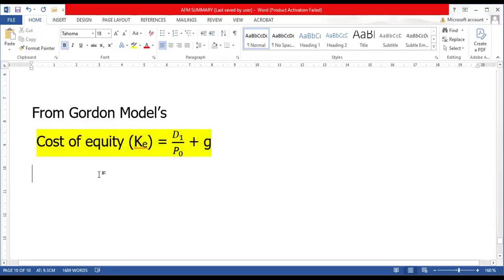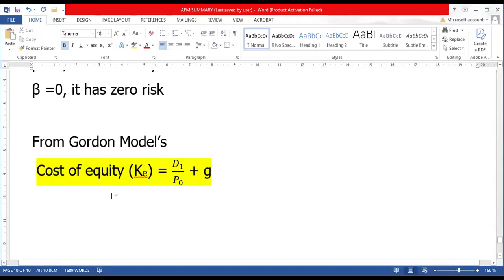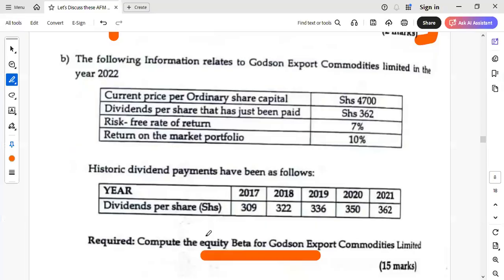Remember CAPM. Now, the examiner is asking you to determine the equity beta. Using Gordon's model, you don't have equity beta in the formula.